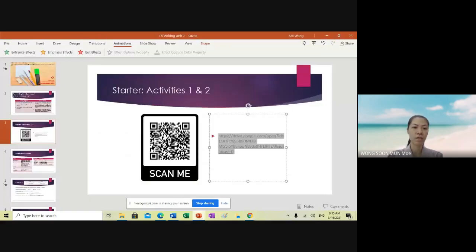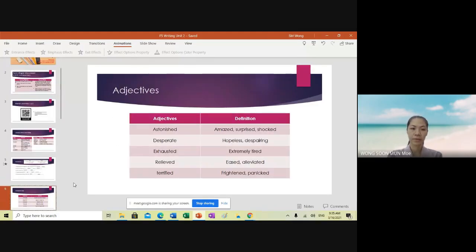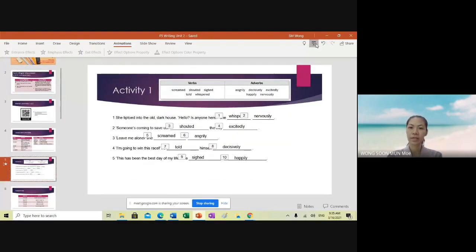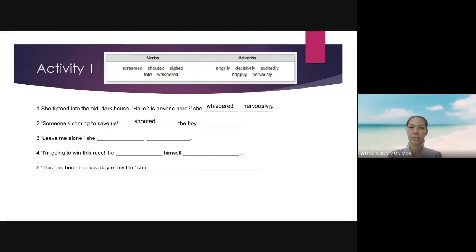Let me show you the answers. These are the answers provided by the textbook. But as we have discussed just now, this is not necessarily the definitively correct answer.